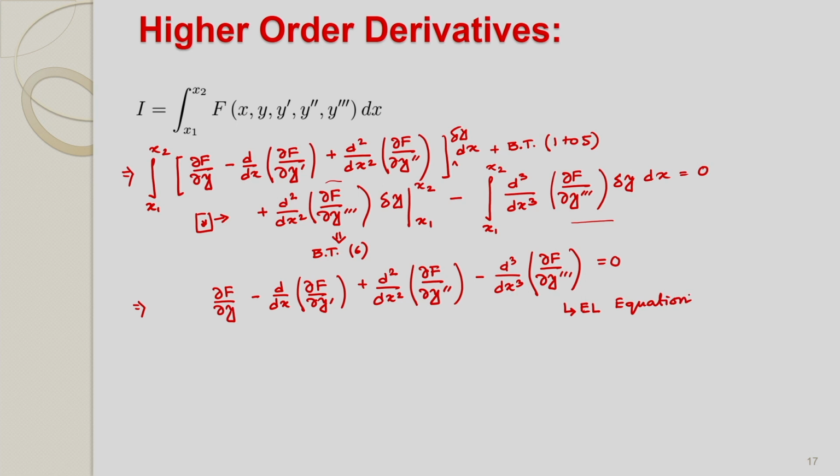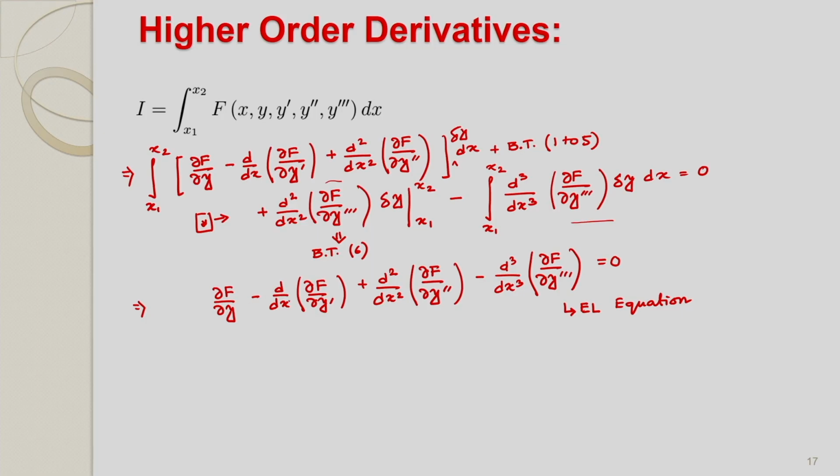So, if you see there is a pattern, we start with del f del y, then like the first order derivative we derived earlier, minus d dx of del f del y prime, this we have already encountered. For y double prime, this is d2 dx2 and the sign changes. So, for the next, del f del y triple prime, minus d3 dx3.